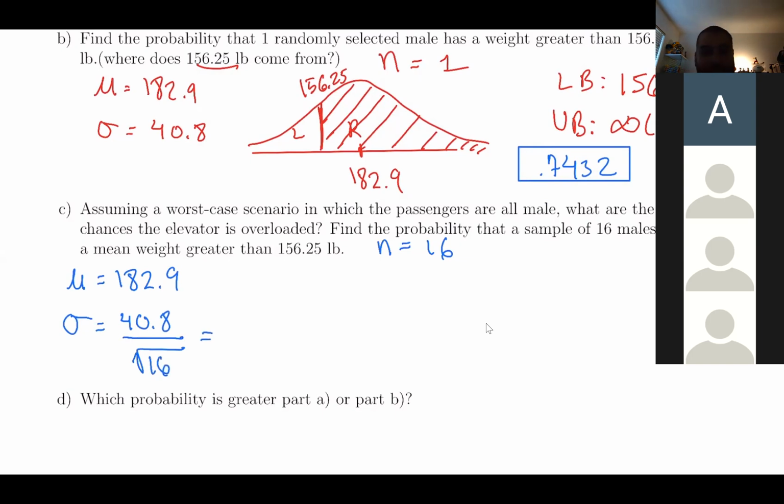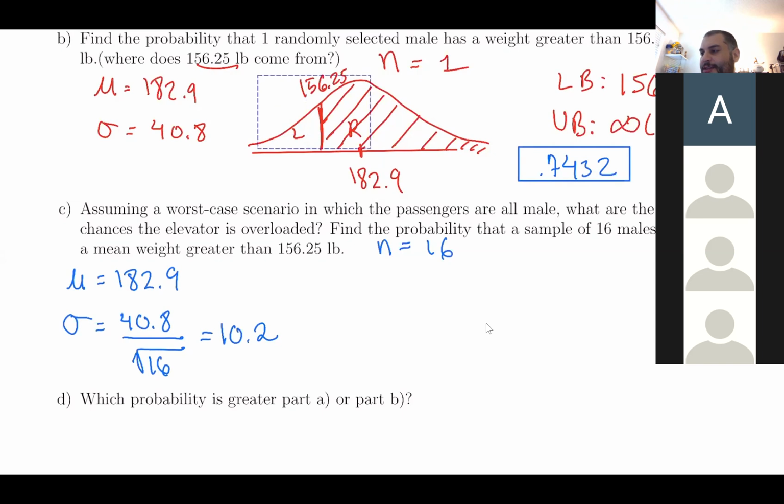If you go ahead and do that math, you should get 10.2. So instead of putting a standard deviation of 40.8, like we did for part B, we have to adjust it and put that the standard deviation is 10.2. Any question in regard to why we're adjusting the standard deviation?